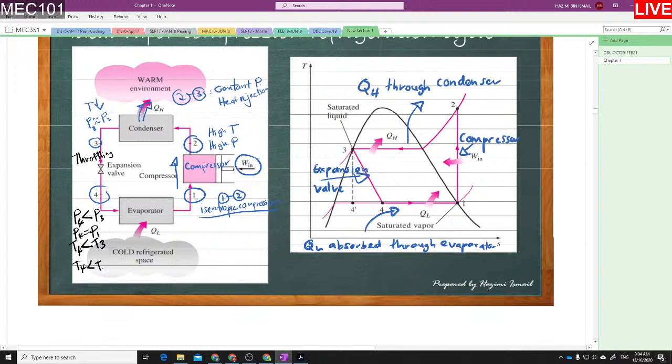T4 is lower than T1, lower than T3, lower than T2, because T2 is the highest temperature. Okay, so at state 4, when you have low temperature, it means by nature heat will transfer to you.